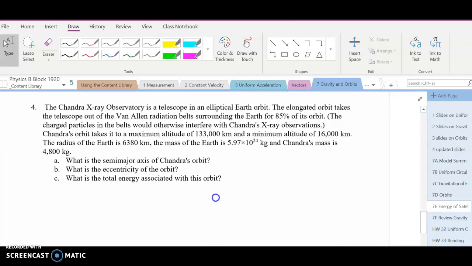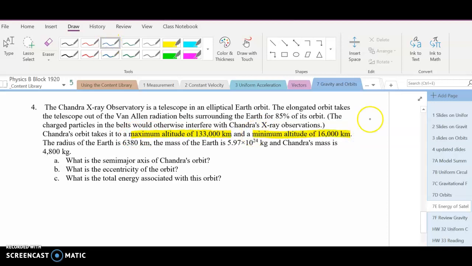This is a real-life situation. The Chandra X-ray Observatory is in an elliptical orbit around the Earth, and it goes out into the Van Allen radiation belts. Okay, so anyway, the orbit takes it to a maximum altitude of 133,000 kilometers and a minimum altitude of 16,000 kilometers.